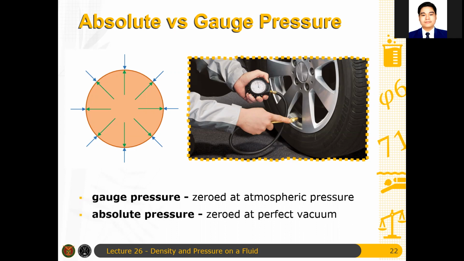Okay, so why is that difference important? For example, if you have a car and you want to fill the car wheel with air, the pressure measured there is gauge, not absolute. Because if it were absolute pressure, you would need to add the atmospheric pressure and you might make a mistake in the calculations. So that is why what is used for tires is gauge pressure, not absolute pressure.